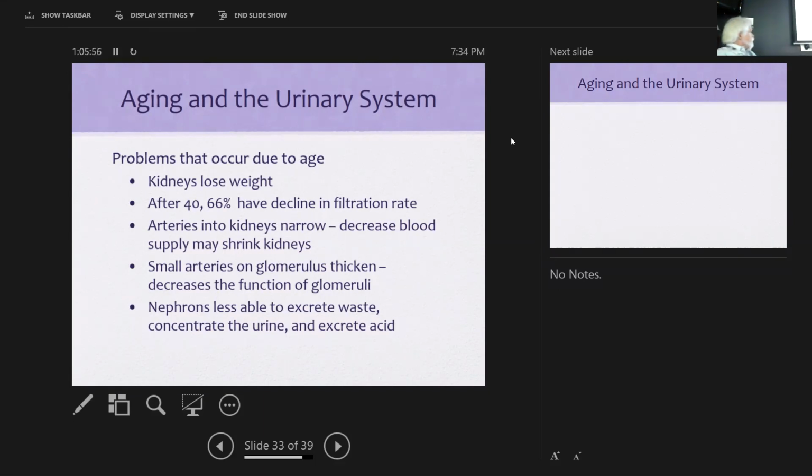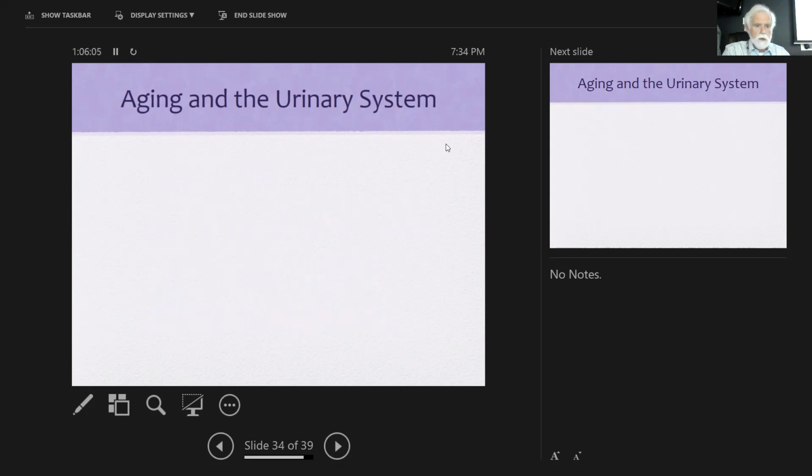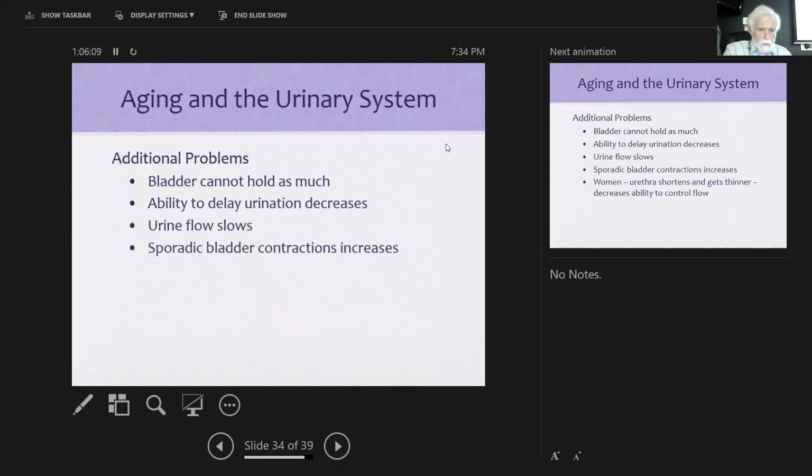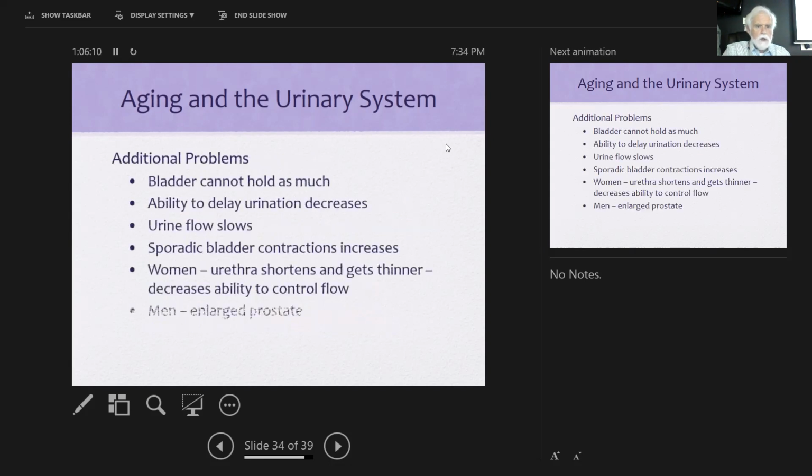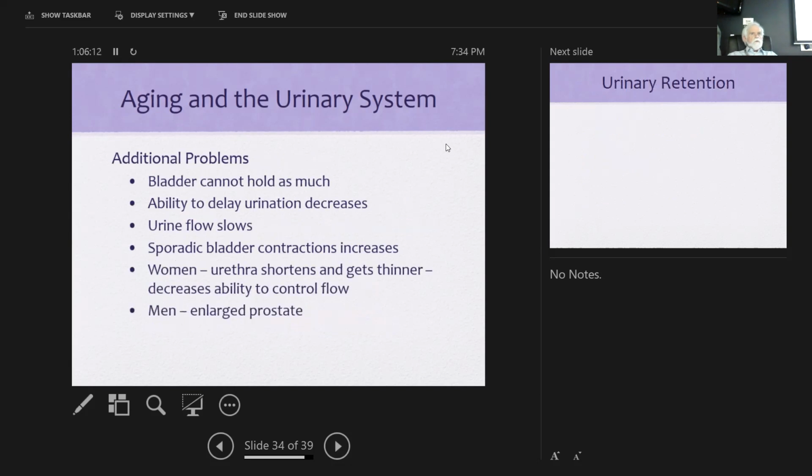All of these things change, and we begin to lose kidney function, which of course then builds up toxins and other things. Our bladders don't necessarily shrink, but they get to the point where they can't expand as well as they used to.